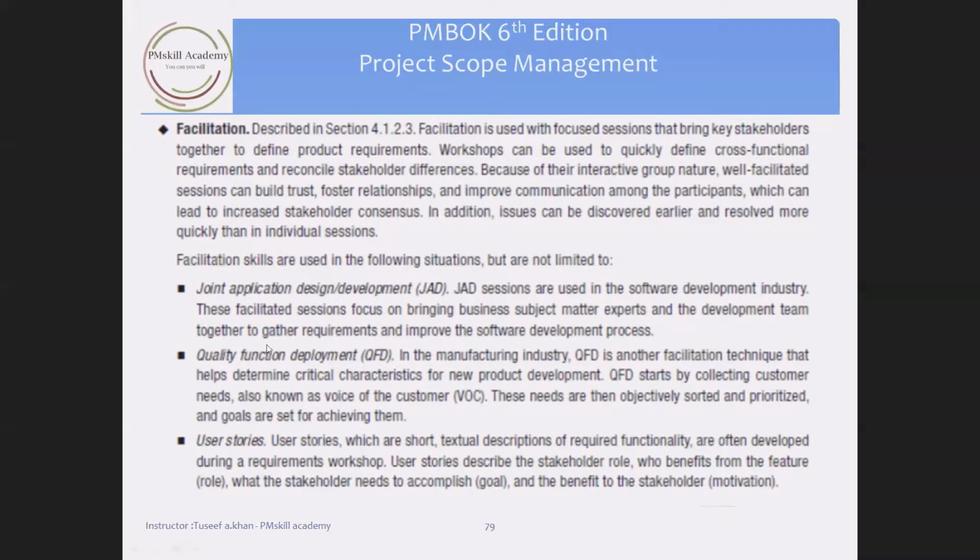There are some types you have to remember for your exam. Joint application design or development is used in the software development industry. Quality function deployment is used in the manufacturing industry. User stories we use in Agile project management.